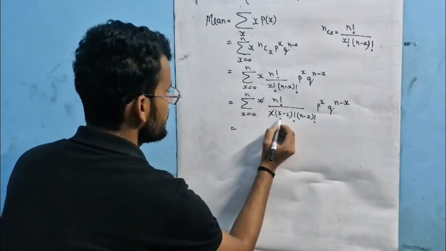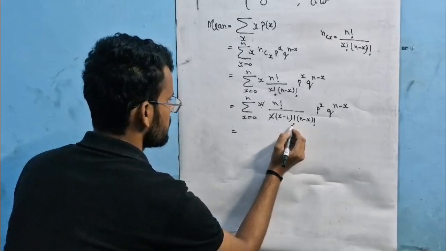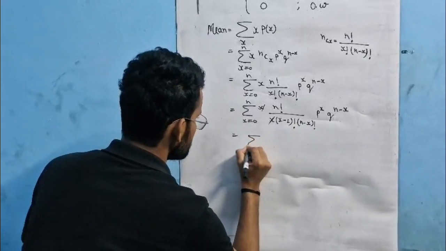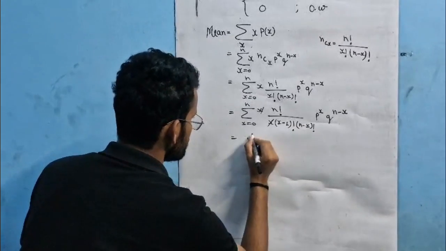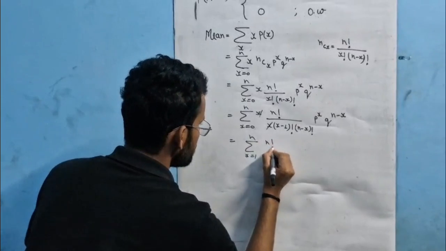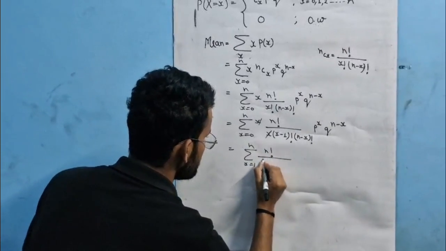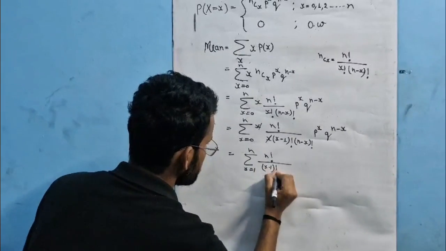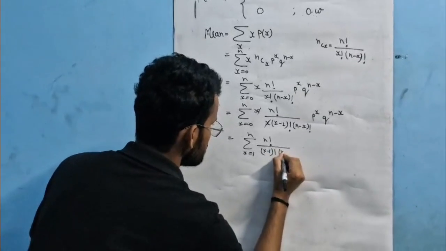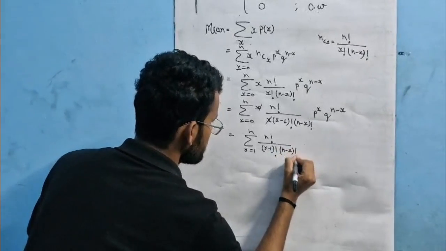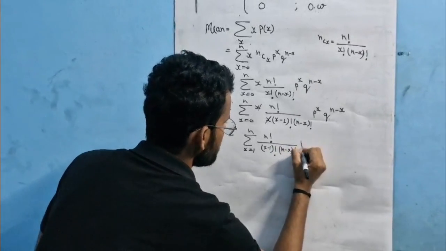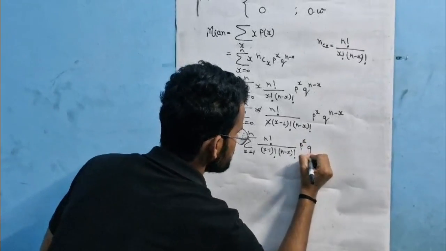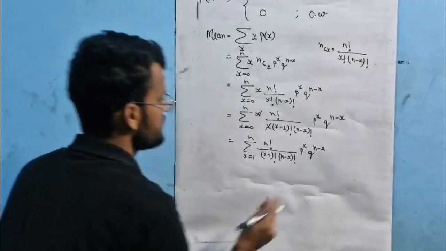Now we have x minus 1 factorial, so the summation goes from x equal to 1 to n of n factorial divided by x minus 1 factorial n minus x factorial p raised to the power x q raised to the power n minus x.